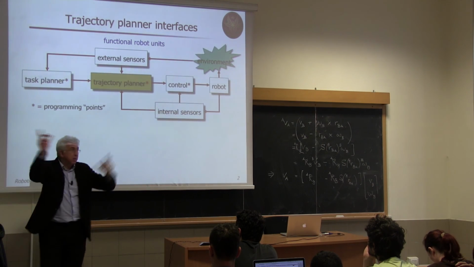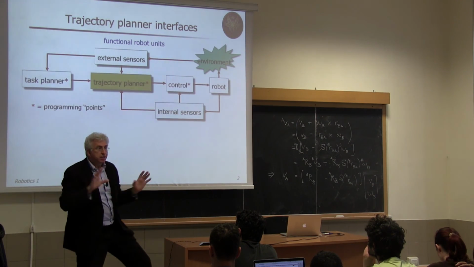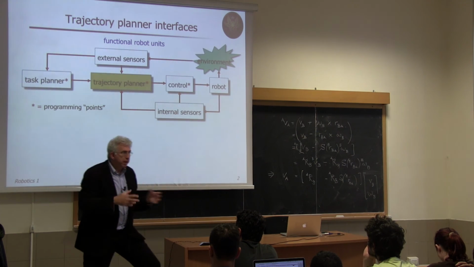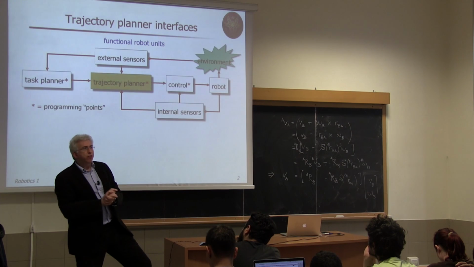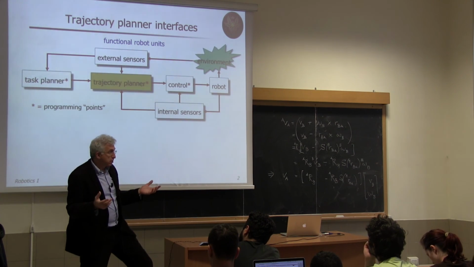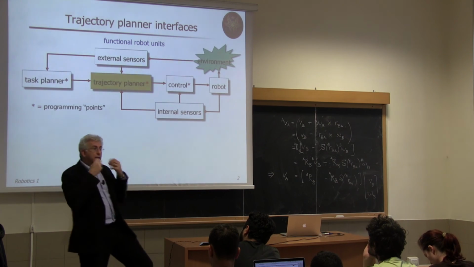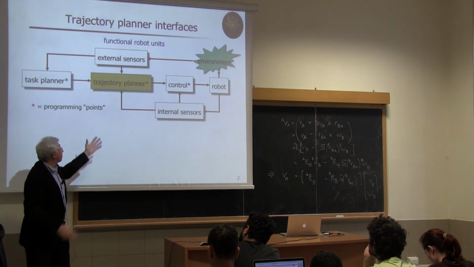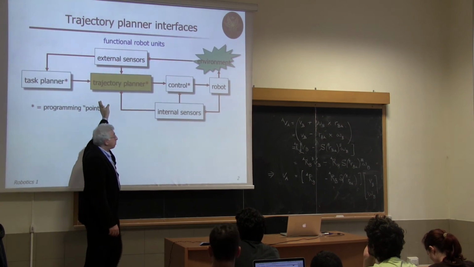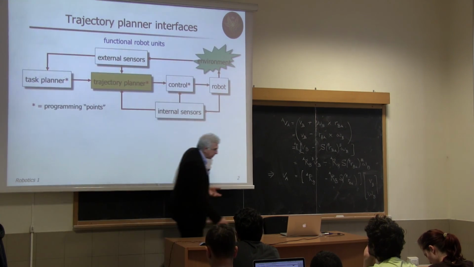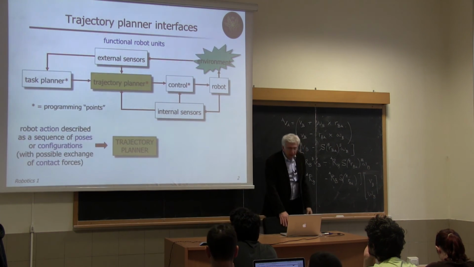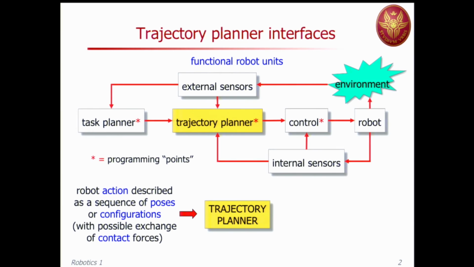Why? Because just giving a frame here and there is not enough to specify the motion of the robot. The robot may go from one frame to the other with its end effector in many different ways. So we have to specify a trajectory, and this is the task of the trajectory planner. So the input is clear. What is the output? The output will be references for the control.